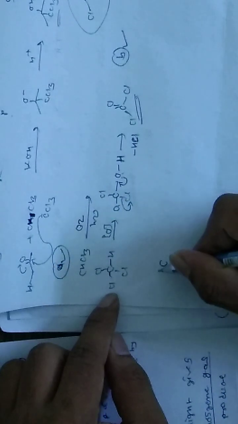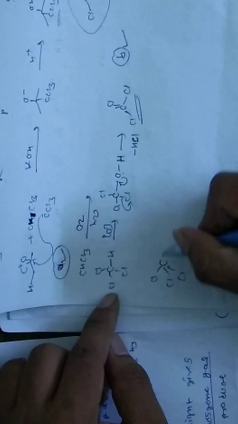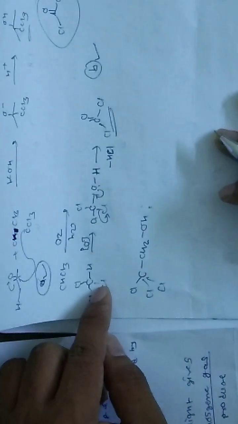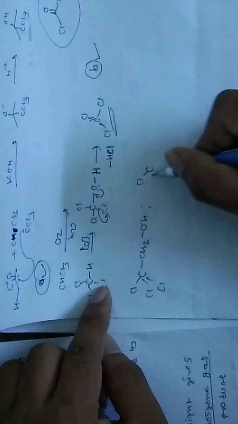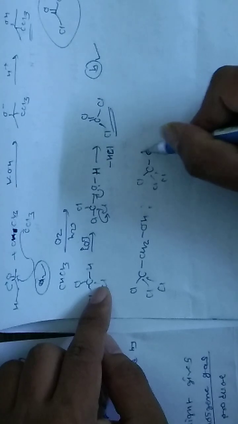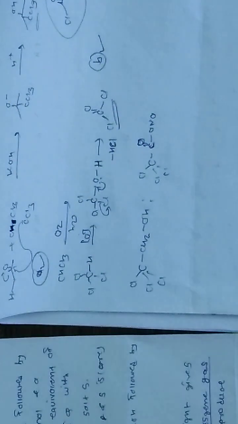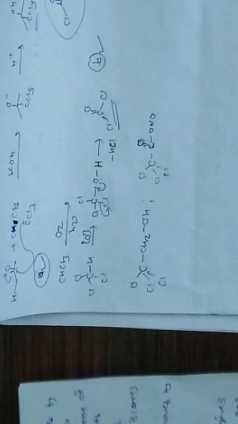CCl3, three Cl attached to that, one CH2OH, and another one is Cl3C-C double bond O-Na. These two products are formed when Q reacts with aqueous NaOH. What is our Q? Our Q is this. So I am writing here.